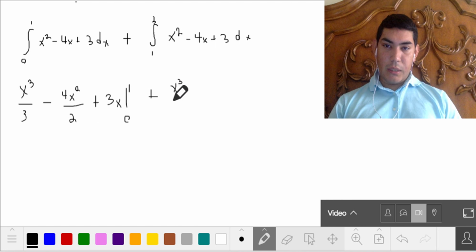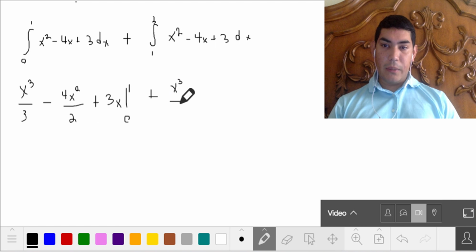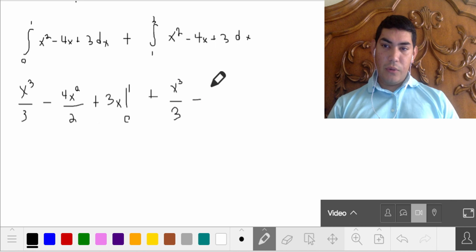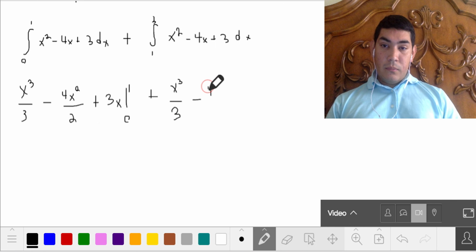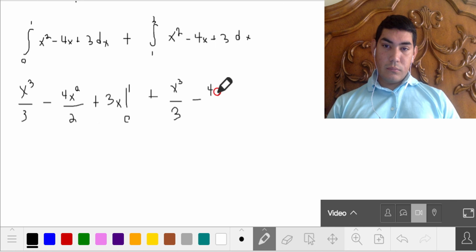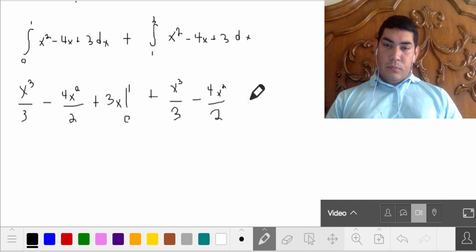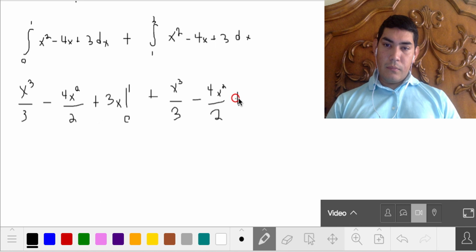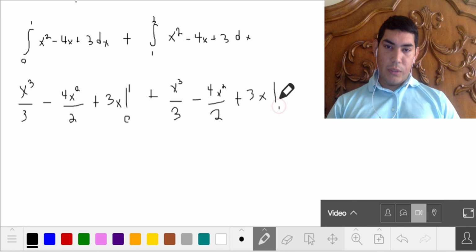Like I mentioned, we're going to have x cubed divided by 3 minus 4x squared divided by 2 plus 3x, with boundaries between 1 and 3.